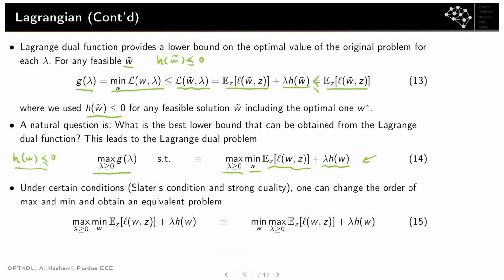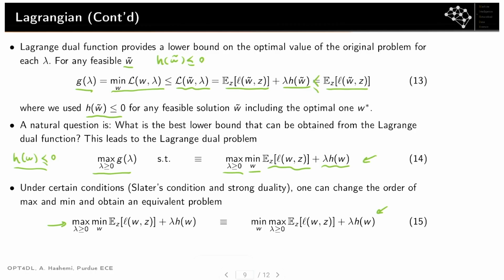Equivalently, sometimes this can be represented as follows. When strong duality holds, we can change the order of the minimum and maximum, and nothing changes. So we get an equivalent problem. So we have the dual problem here, where we are maximizing with respect to lambda and minimizing with respect to w. You can change the order of the minimization and maximization to get this problem.